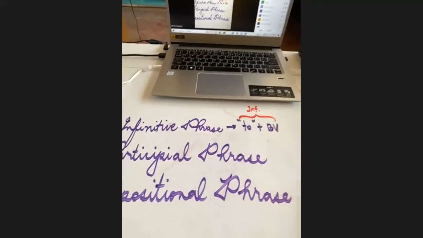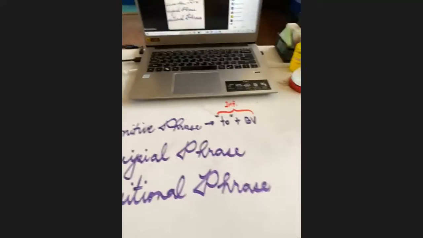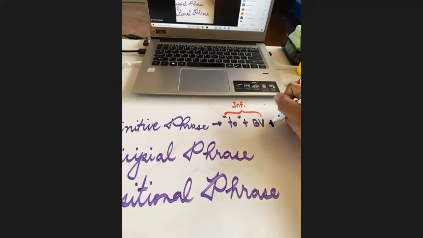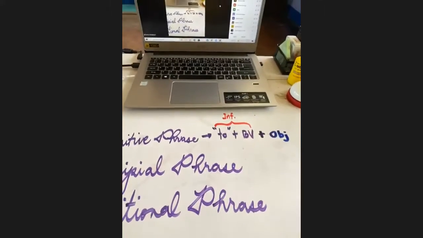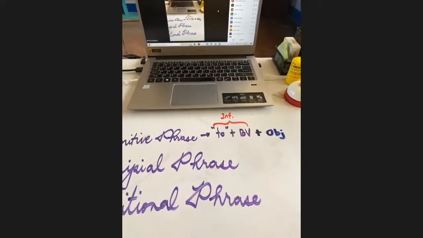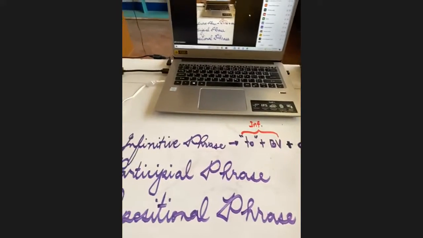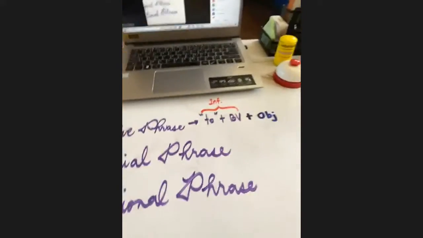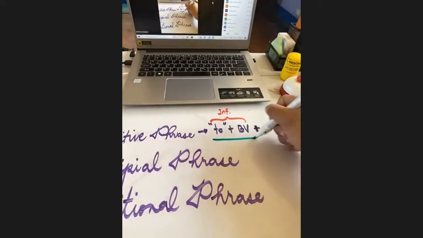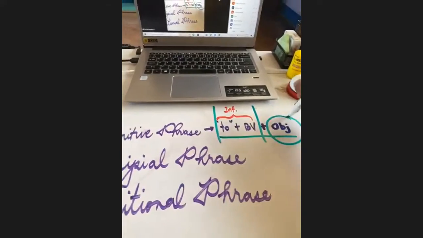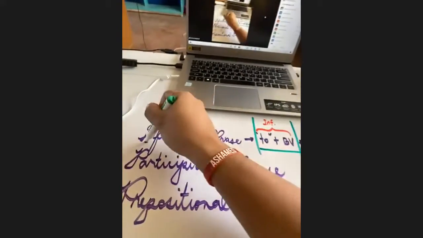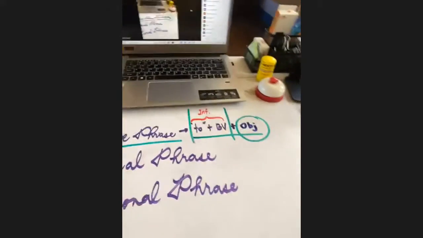If you wish to really have an infinitive phrase, you'll have to add the object or the direct object of that infinitive. So you have this structure, the infinitive phrase. You have the infinitive plus the object of that infinitive. So you have an infinitive phrase.